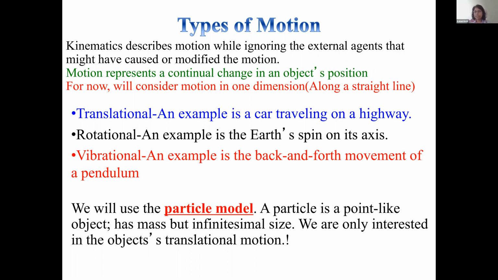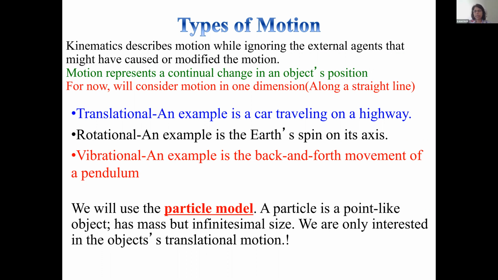Okay, so now motions, as I mentioned, divide basically into 3 parts. One is translational motion. Translational motion, as we know, is moving in translation without doing rotation. A simple example is your automobile, which just moves in translational motion. Rotational motion is a moving object with rotation. A simple example is the spinning Earth.